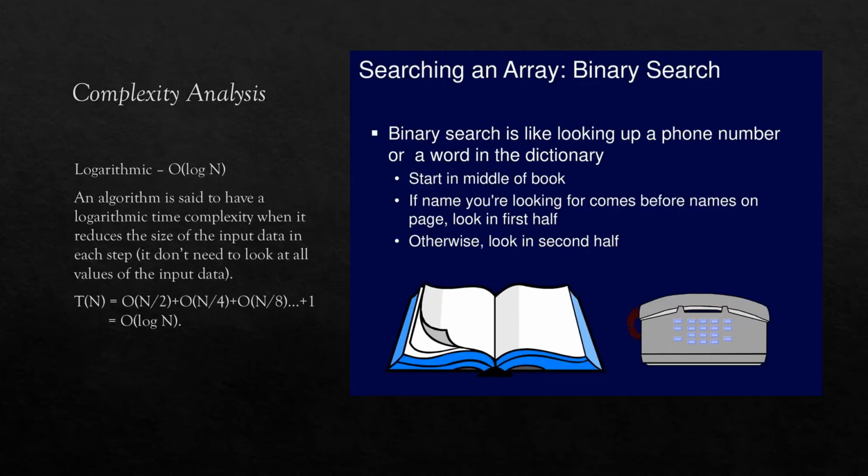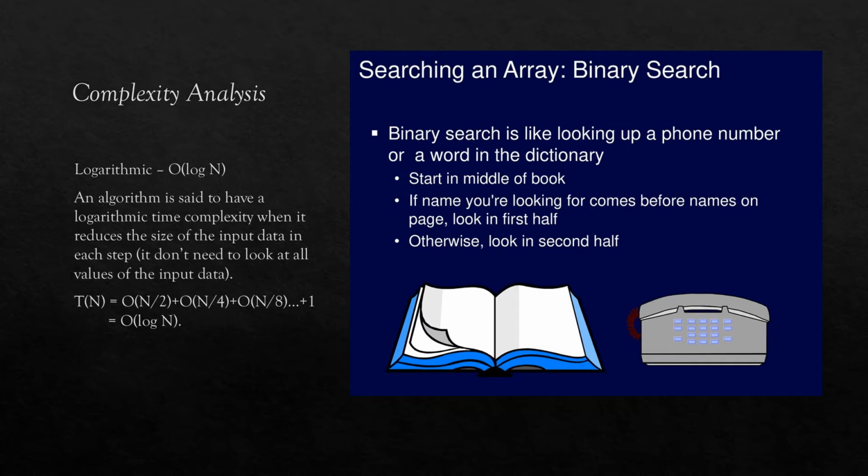Logarithmic time complexity, which is O of log n. An algorithm is said to have a logarithmic time complexity when it reduces the size of the input data at each step. For example, binary search. Binary search is like looking up a phone number in the dictionary.